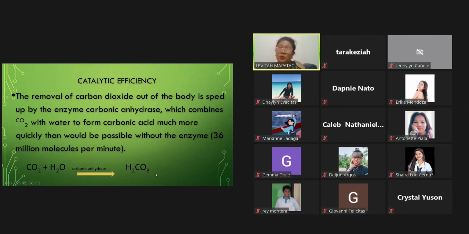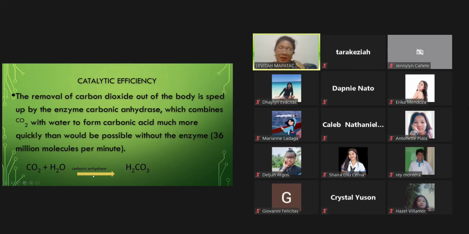It will be taken out of our body in the form of carbonic acid, by the action of carbonic anhydrase. Later on, the next topic is about naming. Without this enzyme, this will not happen.